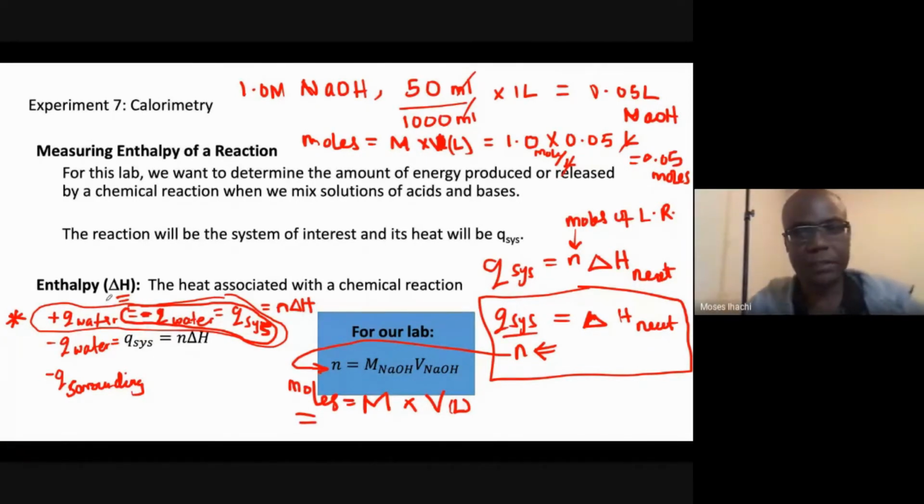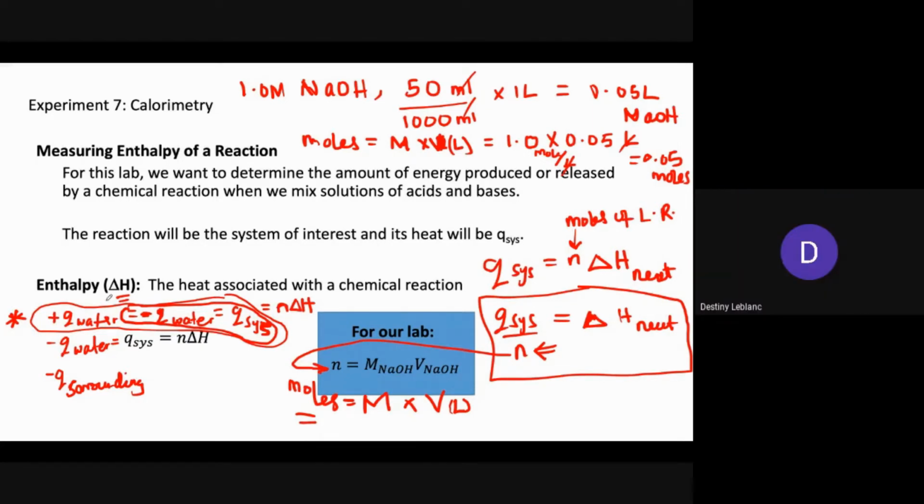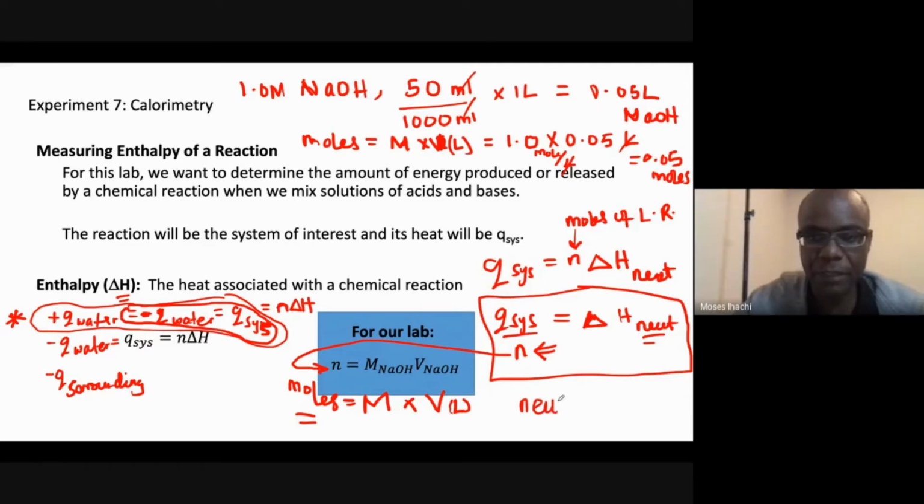Do you have a question? I'll pause 10 seconds; unmute your microphone and ask. If not, we continue. What is the word after H where you say Q system equals? That's neutralization, neut. Okay, for lack of space, pardon my laziness.